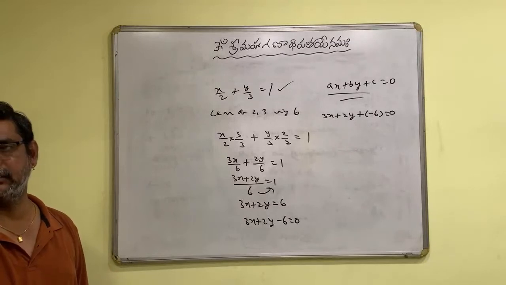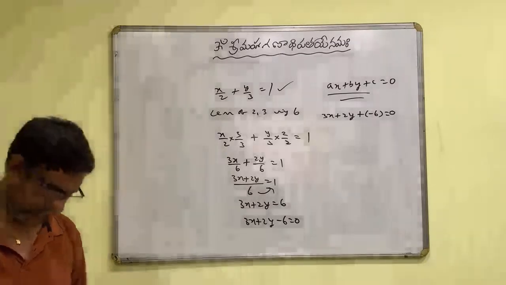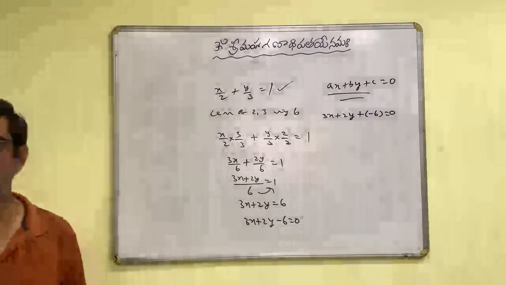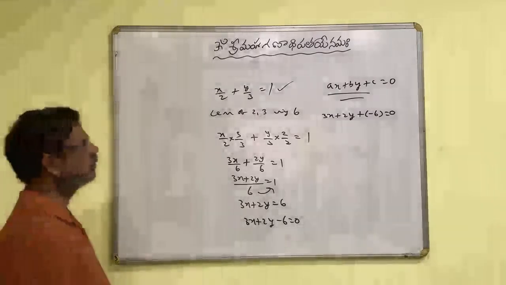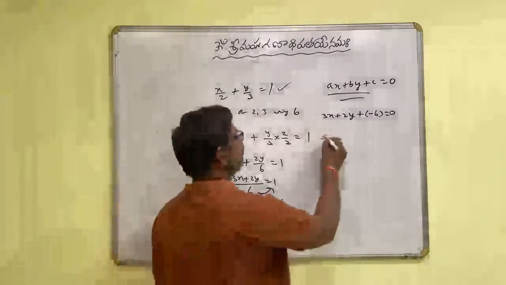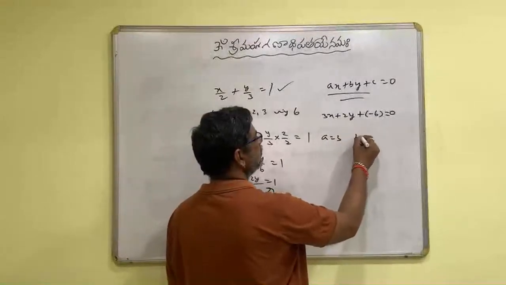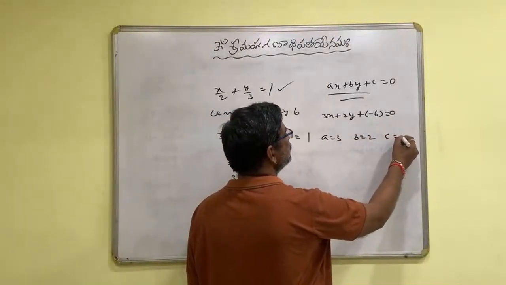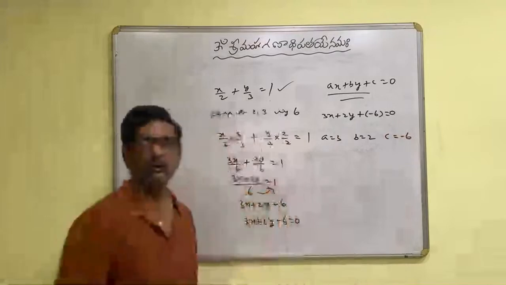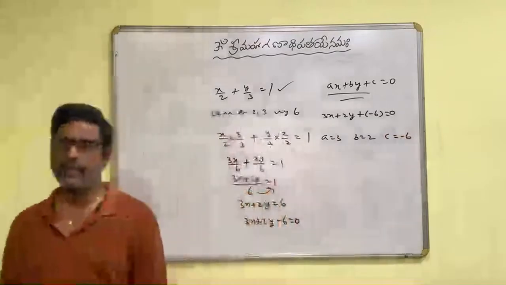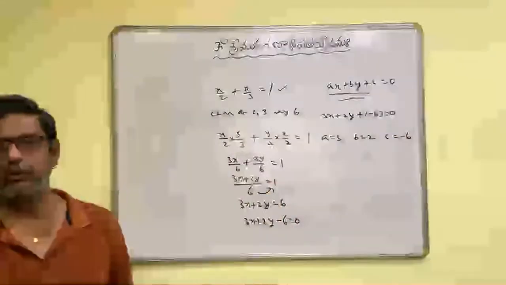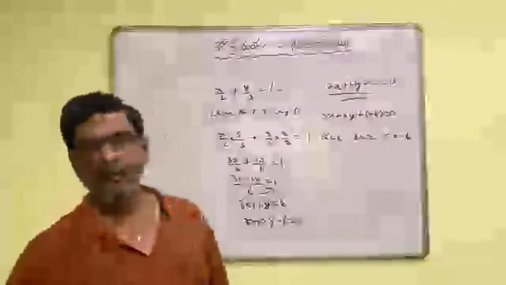Okay, now what is A? A value 3, B value 2, C value negative 6.